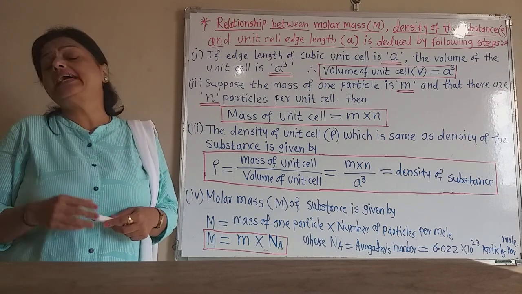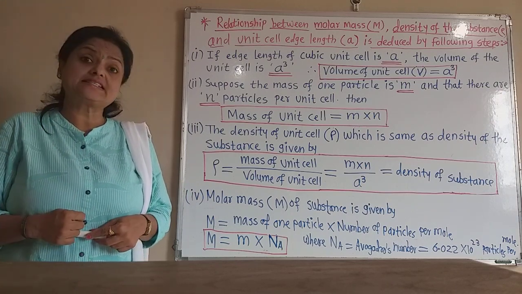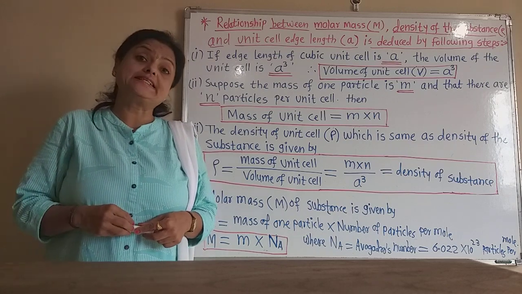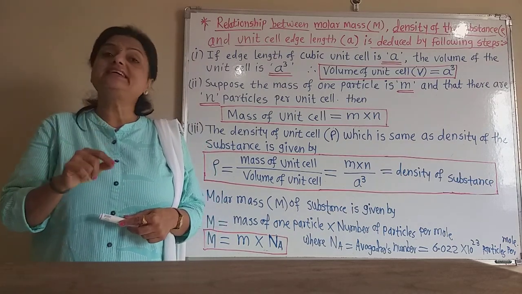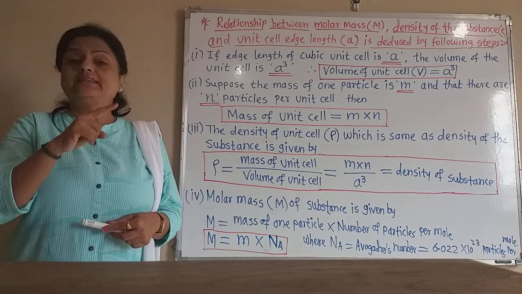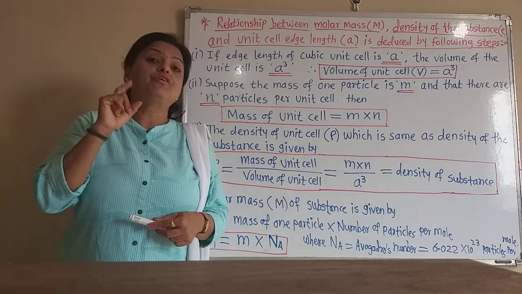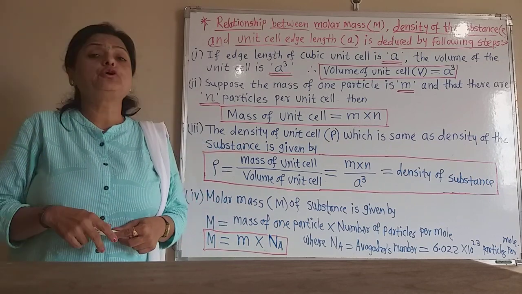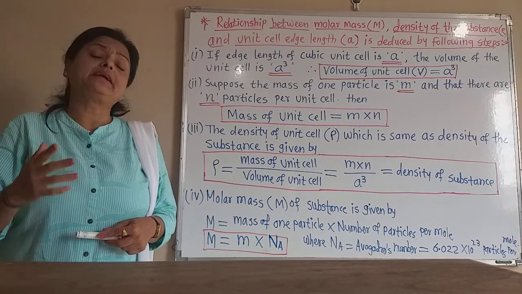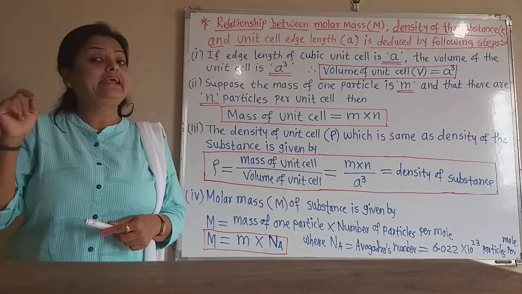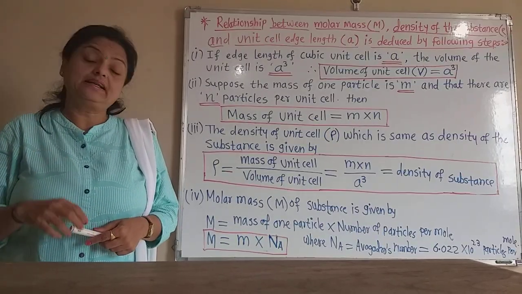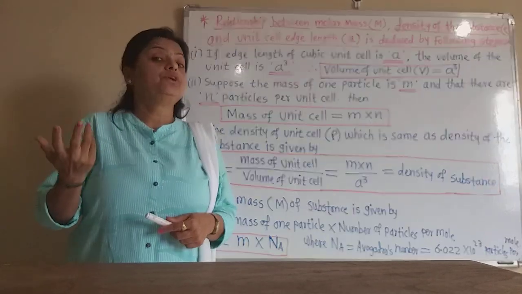We know that in FCC there are 4 particles. In the body centered cubic unit cell there are totally 2 particles: one at the center, and at the 8 corners there is a total of 1 particle. And in the simple cubic unit cell there is only 1 particle, because there is 1 by 8 part of a particle at each of the 8 corners.